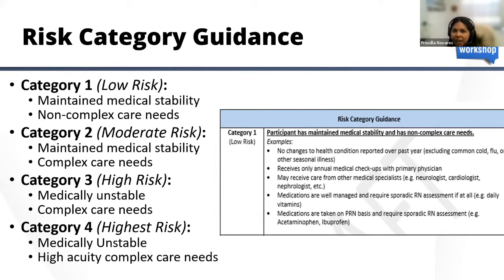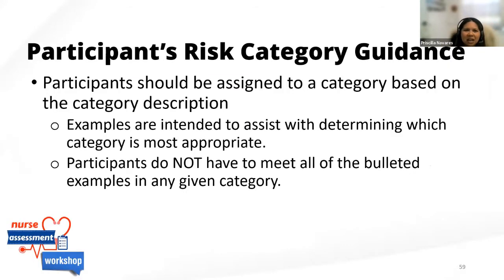But overall, in the end, once they've completed the nursing assessment, they're going to identify between 4 different categories, category 1 being the lowest risk and category 4 being the highest risk. So participants should be assigned, but remember that these are examples that are intended to determine which category is most appropriate. But then again, also realizing that they do not have to meet all of the criteria in any given category.